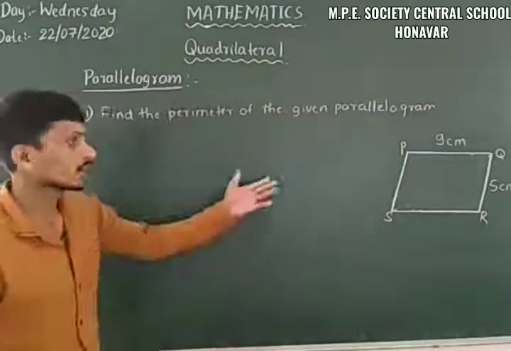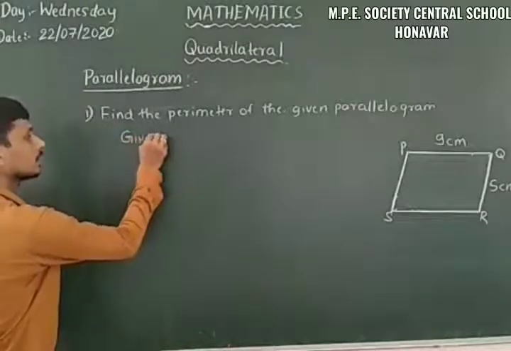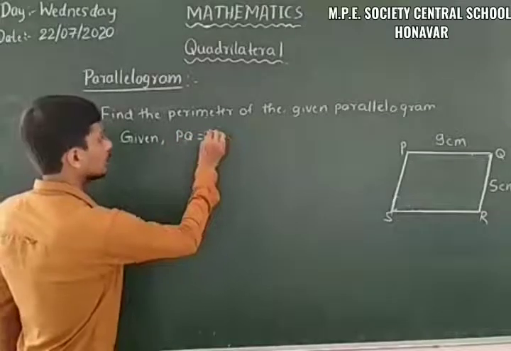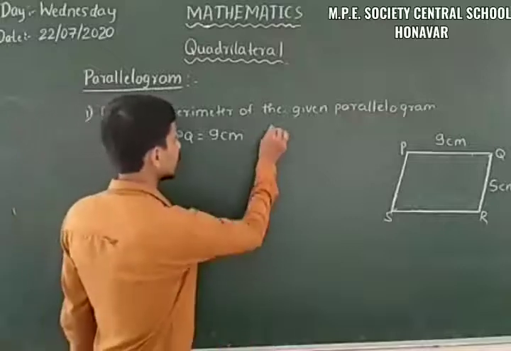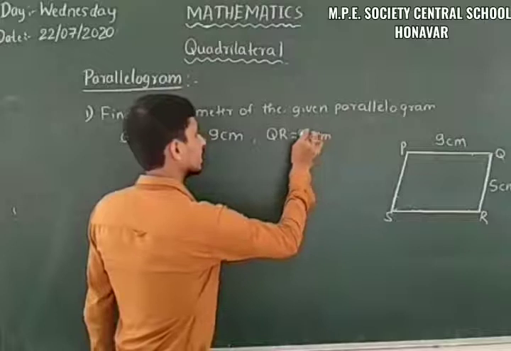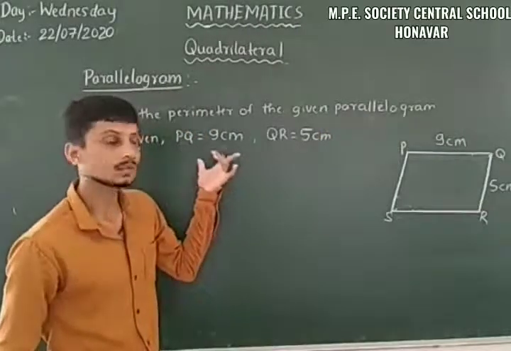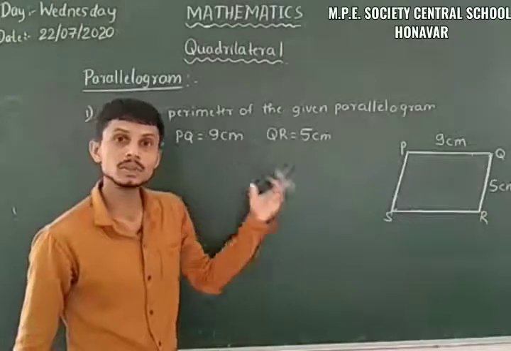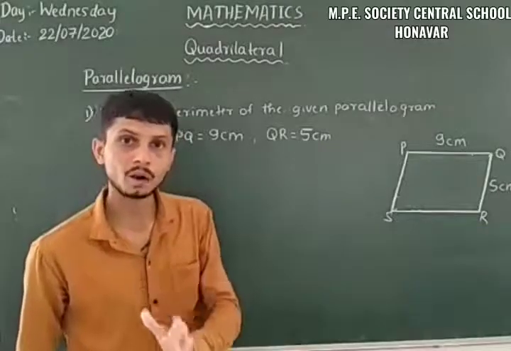So what are the given things here? Firstly we have to write the given things, that is PQ is equal to 9 cm and QR is equal to 5 cm. So we know that opposite sides of a parallelogram are of equal length.